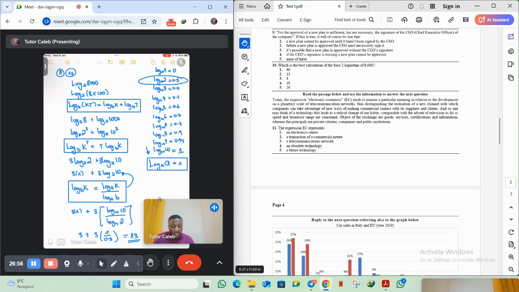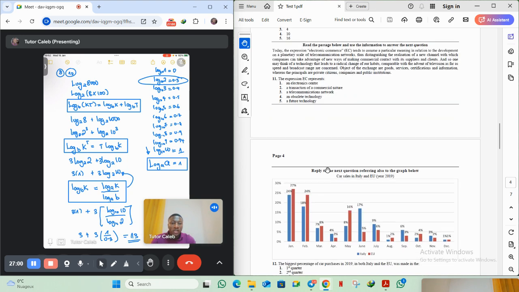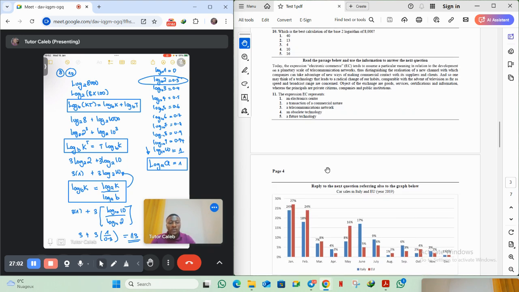So we move now to the next question, which is question 11. It says, today the expression electronic commerce tends to assume a particular meaning in relation to the development of a planetary scale telecommunication network, thus distinguishing the realization of a new channel with which companies can take advantage of new ways of making commercial contact with their suppliers and clients.